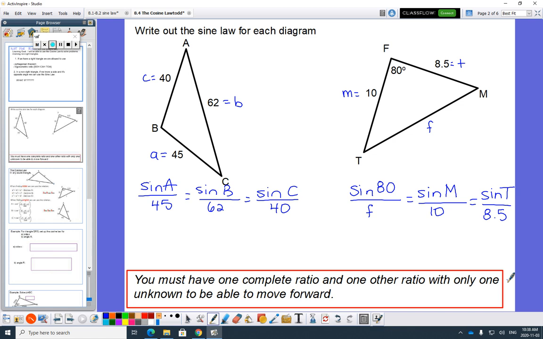So in a situation where you have all the side lengths, no angles, we call that side, side, side. And when you have a side and a side, and the angle between them, or the interior angle, we call that side angle side.